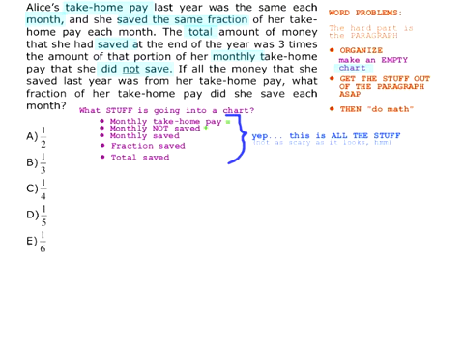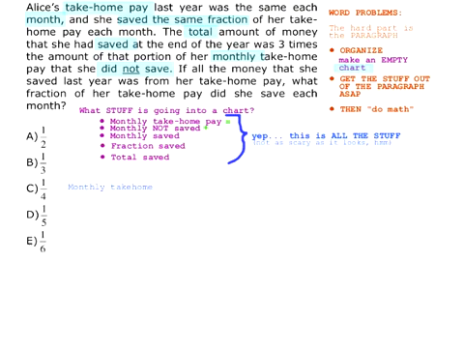Well, I mean, I would just write those things, those three. So, saved plus not saved. Let's say, okay, so you have monthly take home. You have a fraction.